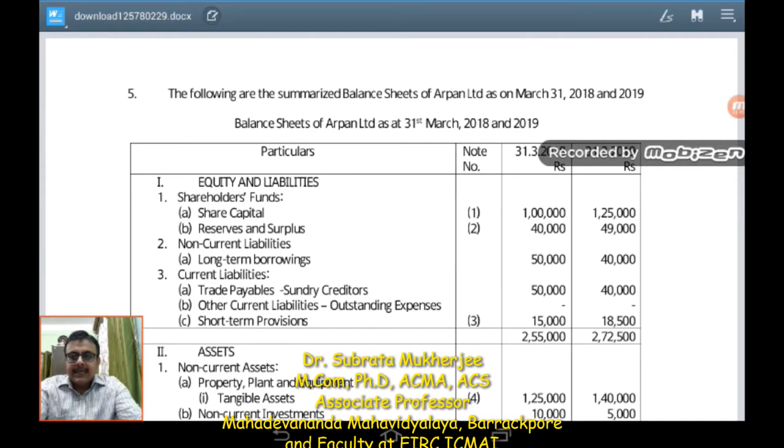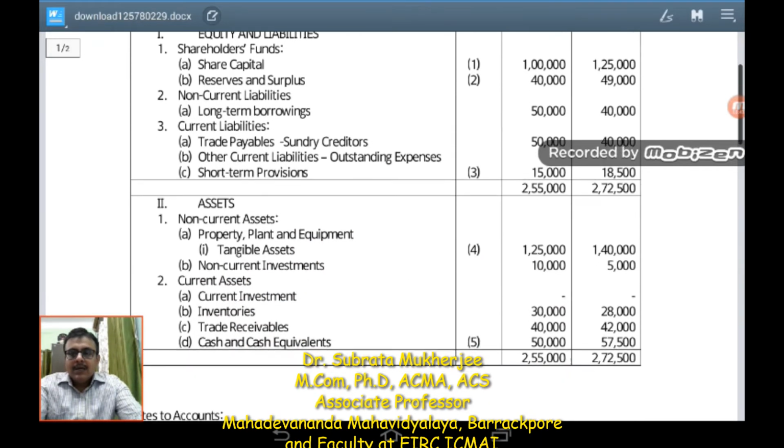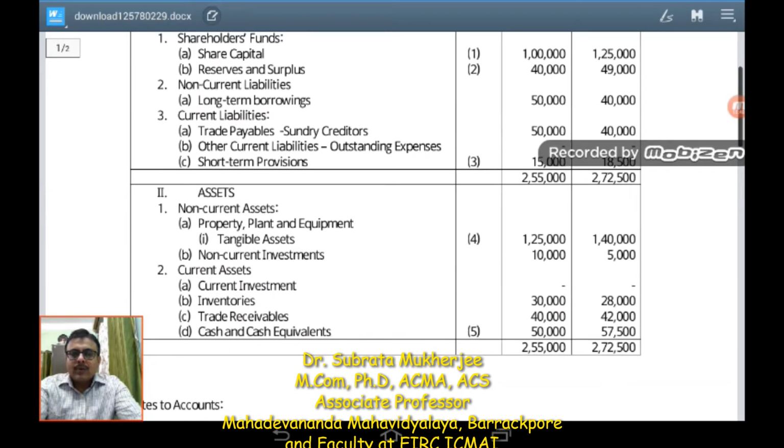On the asset side, we have tangible assets 1,25,000 and 1,40,000, non-current investment 10,000 and 5,000, inventories 30,000 and 28,000, trade receivables 40,000 and 42,000, cash and cash equivalent 50,000 and 57,500.